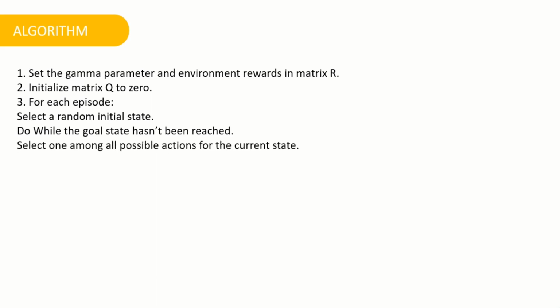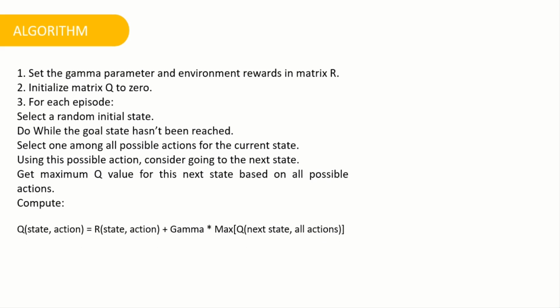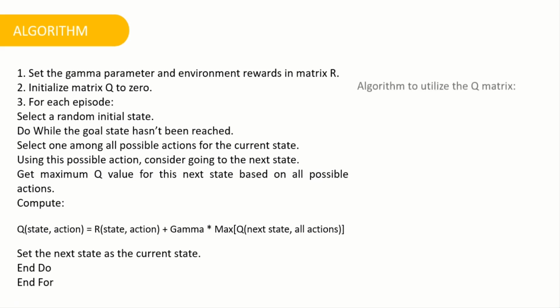Select one among all the possible actions for the current state, and using this possible action consider going to the next state and get the maximum Q value for this next state based on all the possible actions. And then we need to compute the Q learning formula, and then set the next state as the current state. After that we end our do loop here, and after that end our for loop.